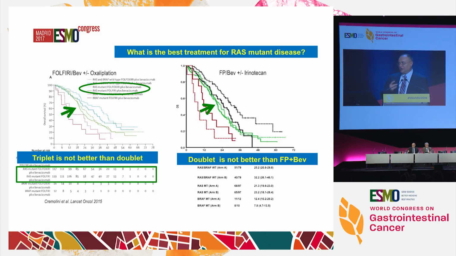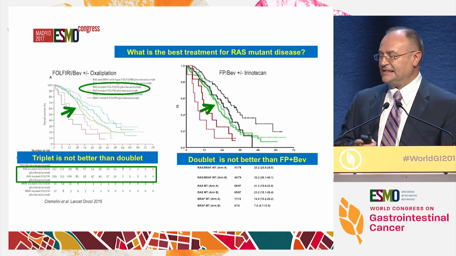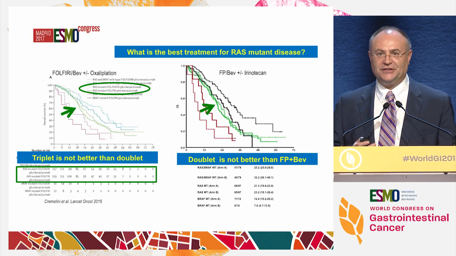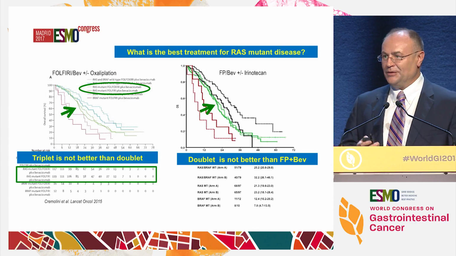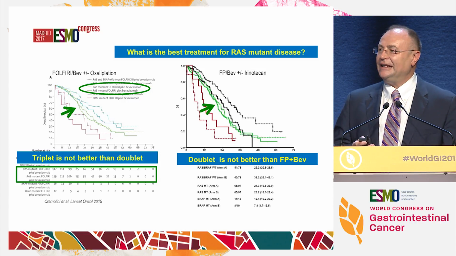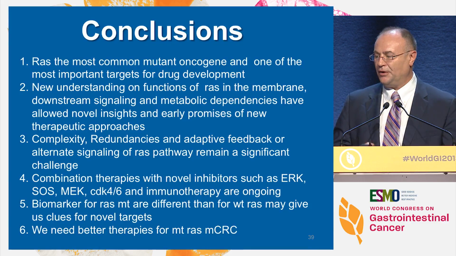Cremolini showed in mutant RAS, when you add oxaliplatin to FOLFIRI, it did not matter. And when you added on the other side irinotecan to 5-FU BEV, it did not matter. So our chemos are not very effective in mutant RAS, as well as our antibodies. We really need a new approach.